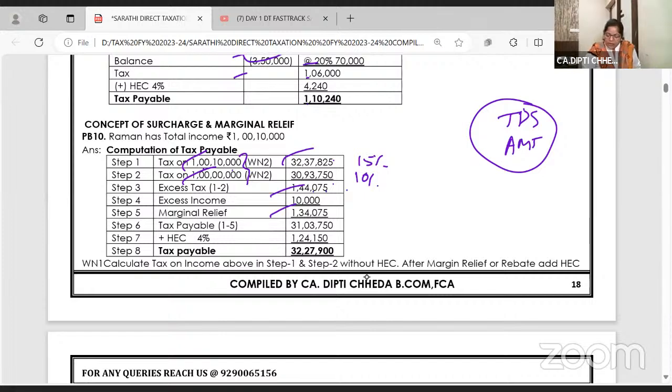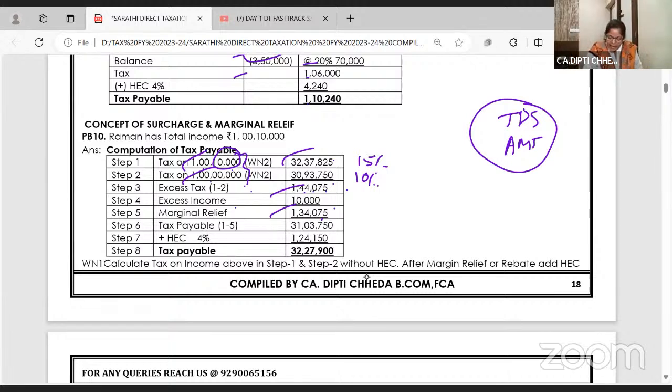Okay. Now see. Just because my income exceeded 1 crore, I had to pay 15% surcharge. Income up to 1 crore, 10% surcharge. So excess tax is 144. Excess income is 10,000. Marginal relief is 134. If the marginal relief is 1,34,075, this is the relief I want. How much have I earned? 10,000 extra, that you take.